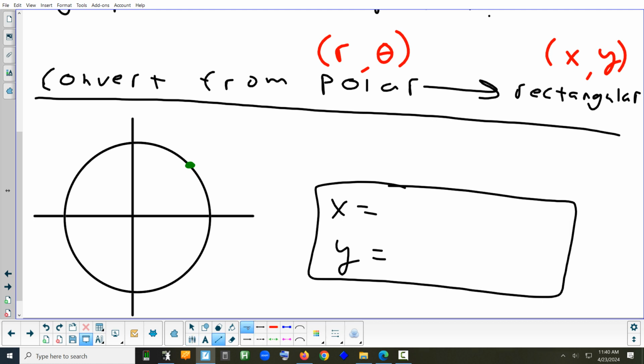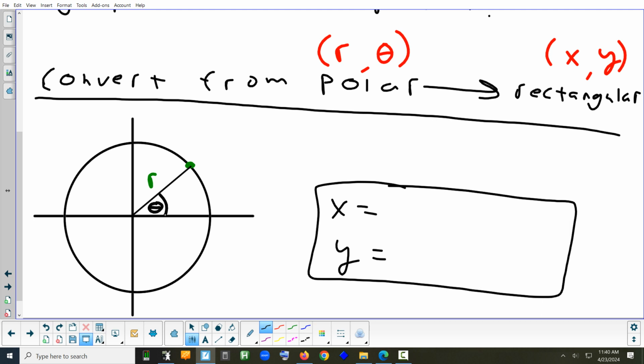Okay, so let's mark the 2 things you would know. Here's your radius. And here's your angle right there. We've got to convert that instead of how far out and an amount of rotation, to a right and an up.